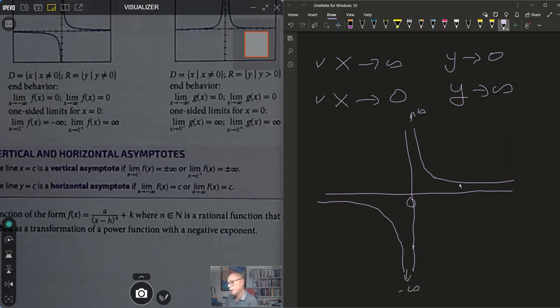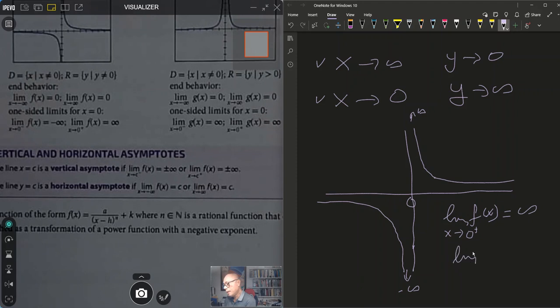x going to 0 from the right side, and x going to 0 from the left side. So here, limit f(x) when x goes to 0 from the positive right, the value of f(x) would be positive infinite.